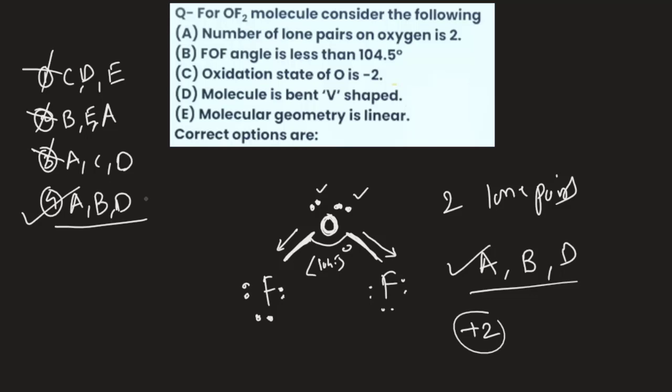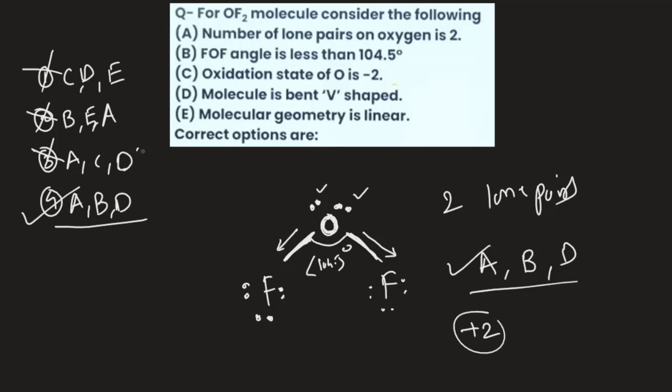So that's how you can work around with these problems. If you are not sure about some of the statements, for example, let us say you are not sure about this angle being less than 104.5 degree, you can start eliminating the options, okay? Because you are 100% sure that the number of lone pairs on the oxygen is 2, option A and option D are correct.